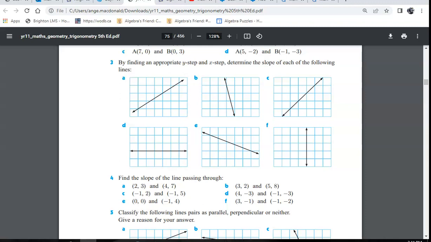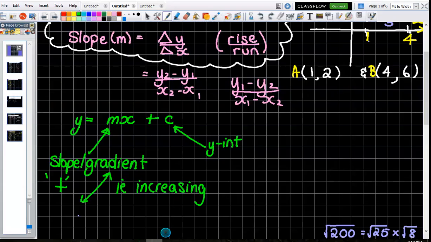So we go, yeah, but horizontal. Who remembers what the slope of a horizontal line is? So rise, how much rise? 0. 0 divided by anything is? 0. So let's add that to our notes, that when we've got a horizontal line, slope equals 0.